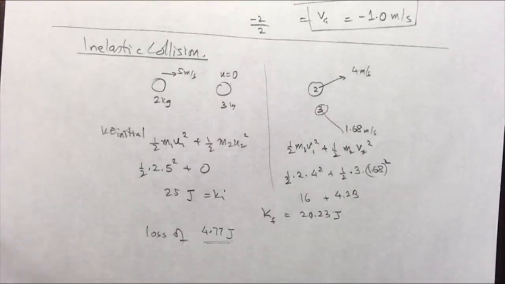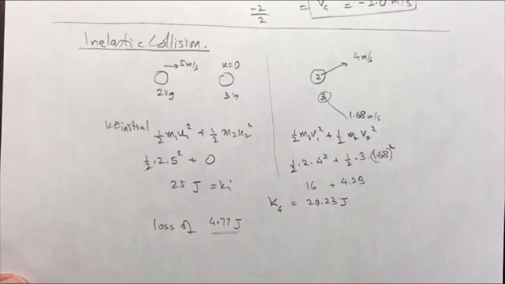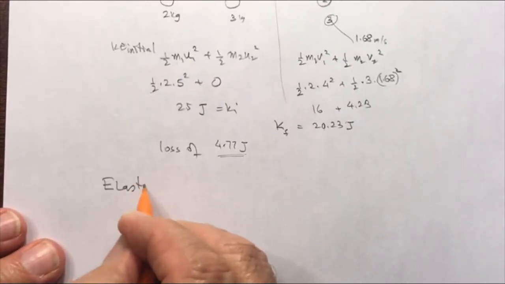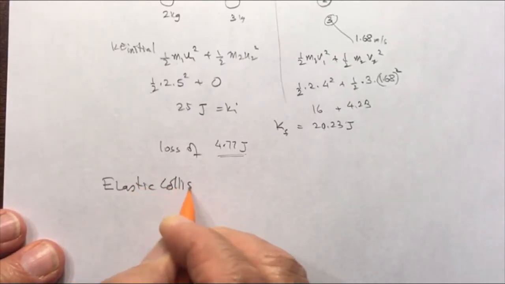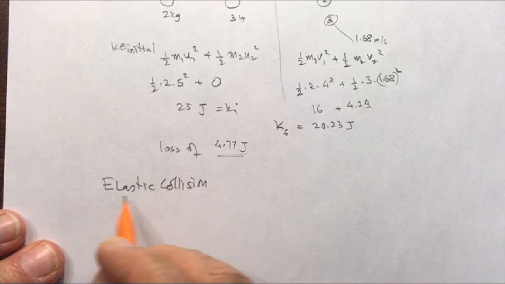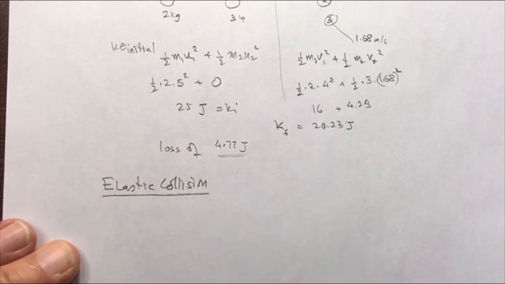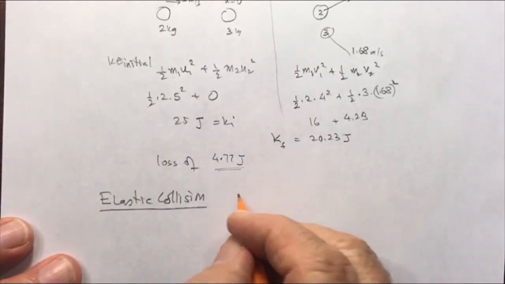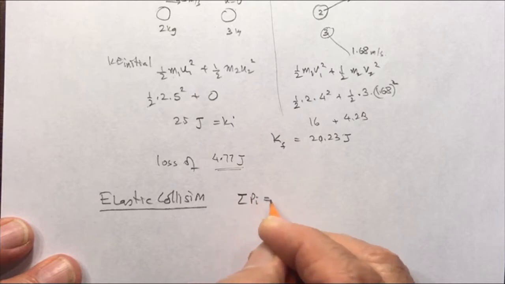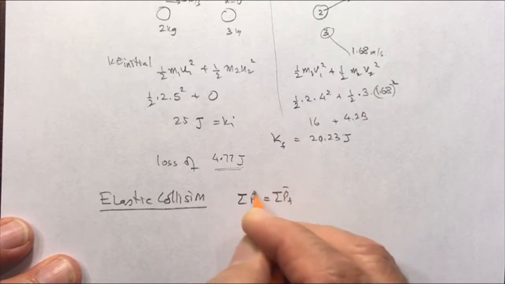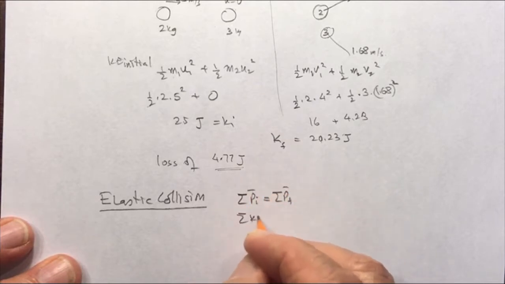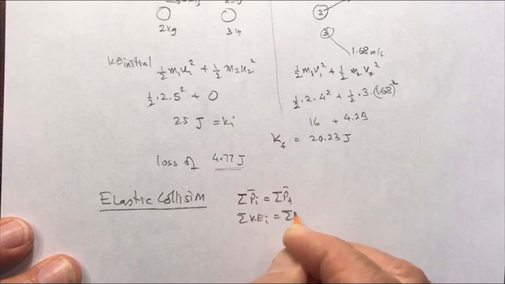Okay, so now we see the last type of collision, which is the elastic collision. Now, in the elastic collision, the momenta are conserved and the kinetic energies are also conserved.